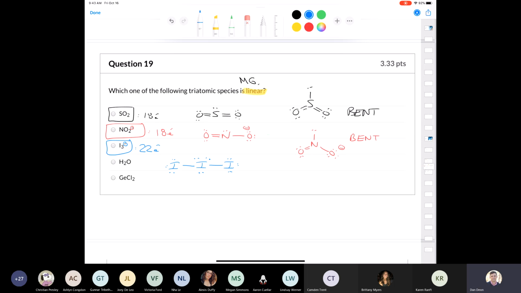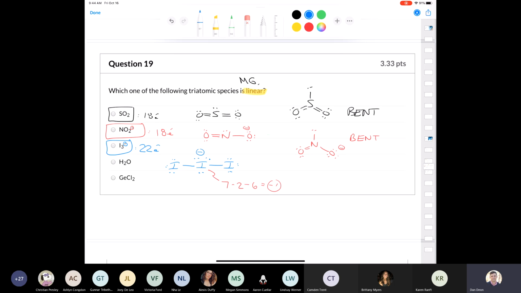Now let's tally up the formal charge. I know that the formal charge on these 2 iodines is 0. What about the iodine in the center? Iodine has 7 valence electrons. Subtract 2 sticks and 6 dots. So that's 7 minus 2, which would be 5. 5 minus 6 gives you -1. And therefore, that iodine is going to have a minus charge on it.